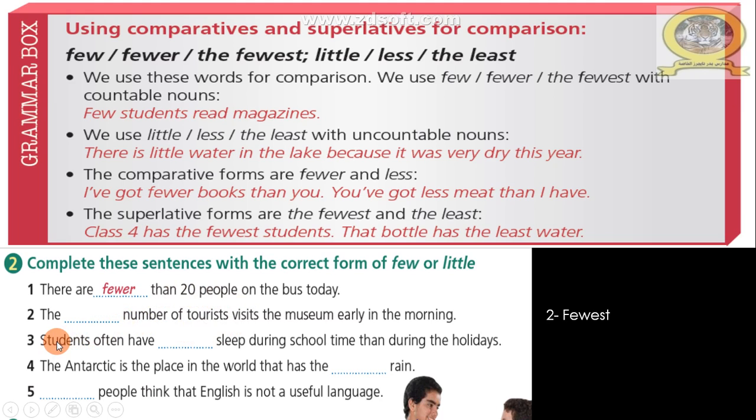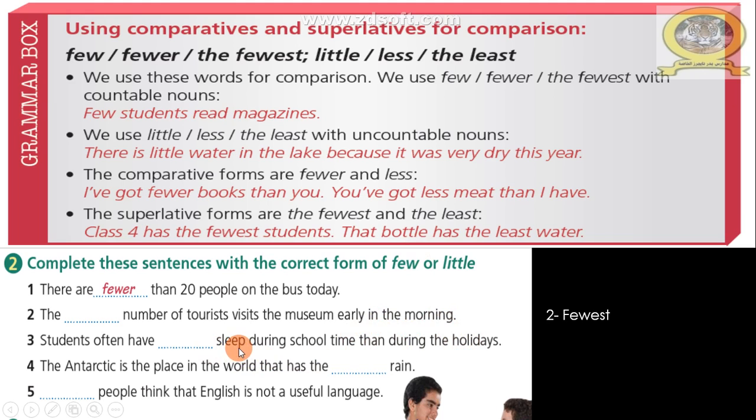Number 3. Students often have sleep during school time than during holidays. Here I'm comparing between students' sleep during school time and during the holidays, so it's a comparative form.